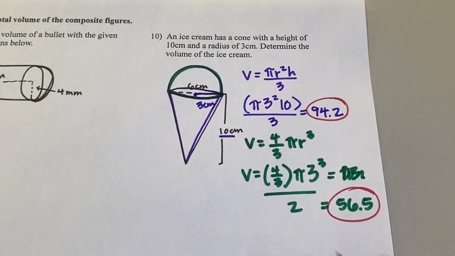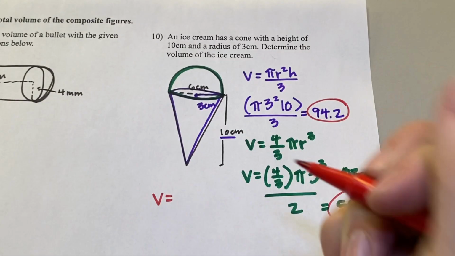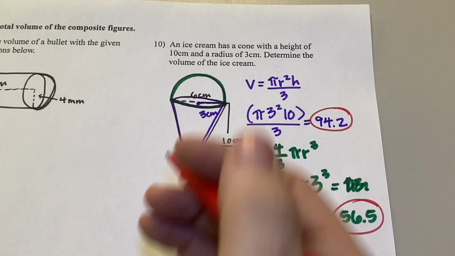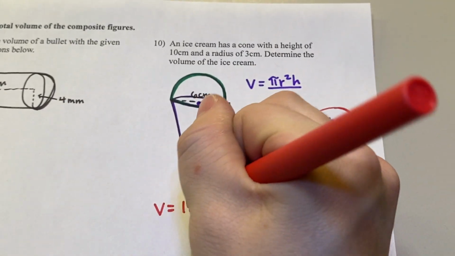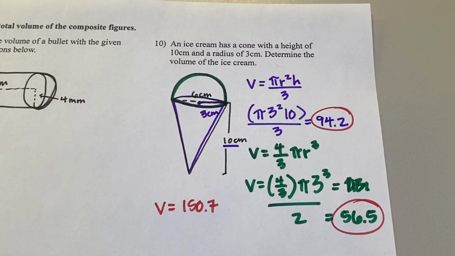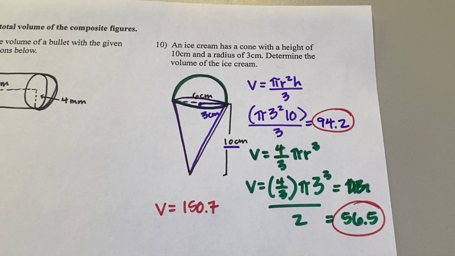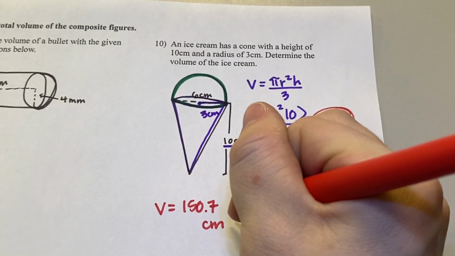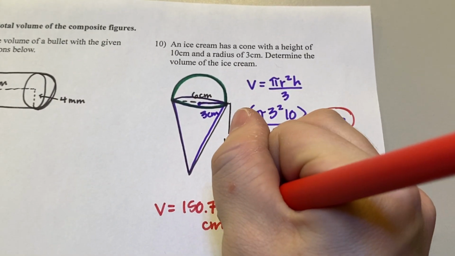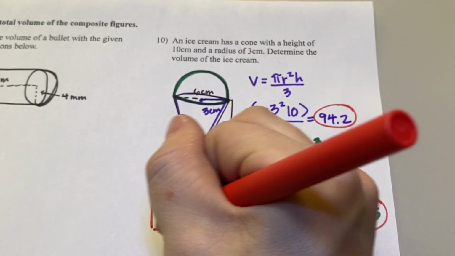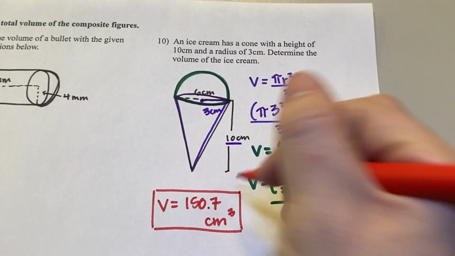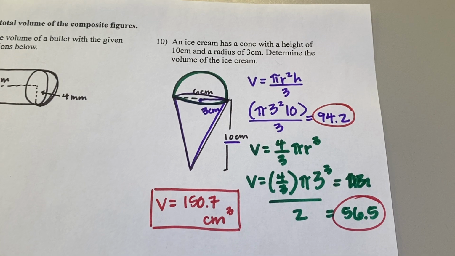Love it. So the volume of this entire ice cream cone is 150.7 what? Centimeters cubed. Nice. We're talking about volume. Beautiful.